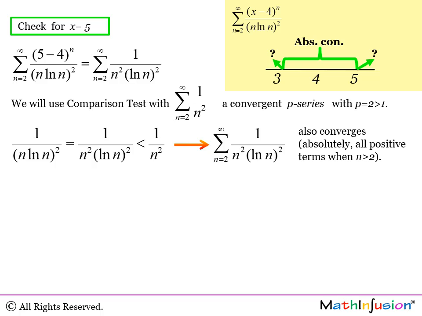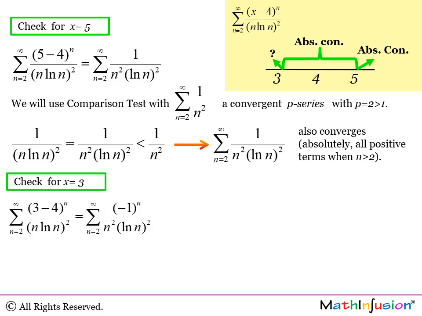If we take the absolute value of this, we will get the same thing, okay? So we can say absolutely converges or converges. Now we will check the other endpoint at x equals 3. We substitute 3 for x, and we get that. We observe that this is the alternating series of the one above.